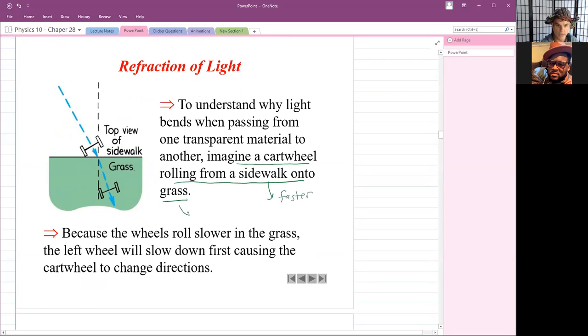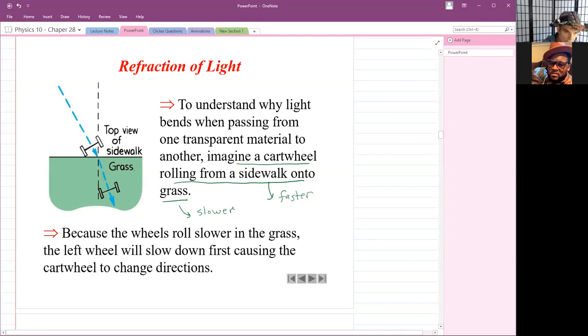And in the grass, let's just say it moves slower. You could also imagine, you probably have had this experience, a shopping cart where one of the wheels doesn't roll well. Let's say I push the shopping cart and one of the wheels isn't rolling as fast, it's going to turn and it's always going to pivot about the wheel that's not rolling as fast.